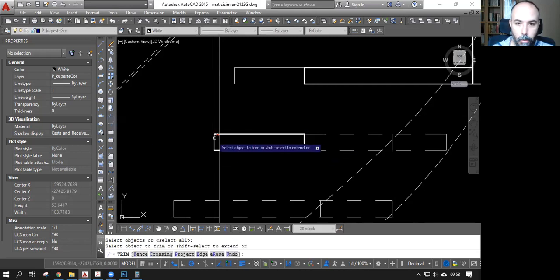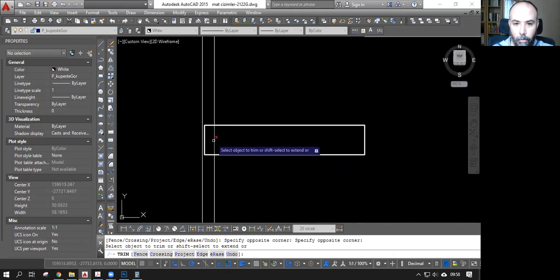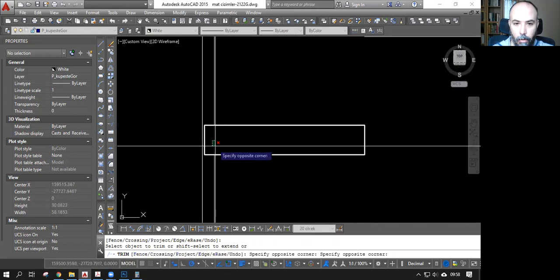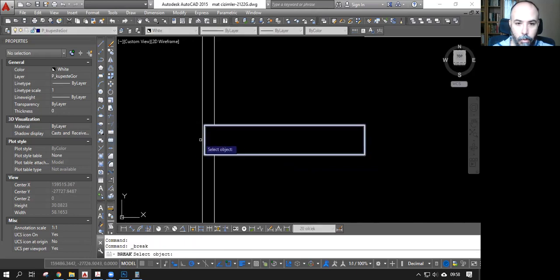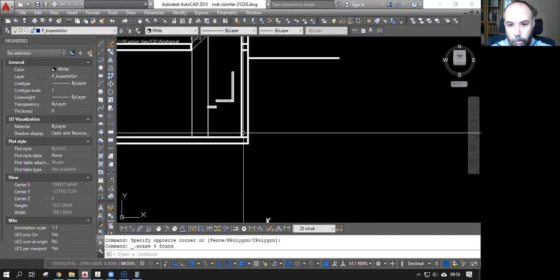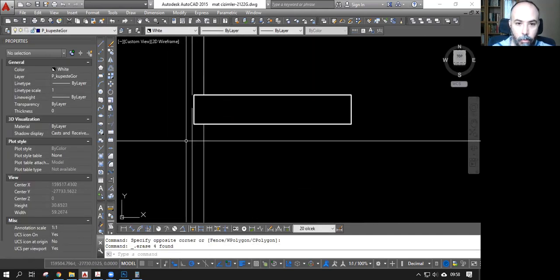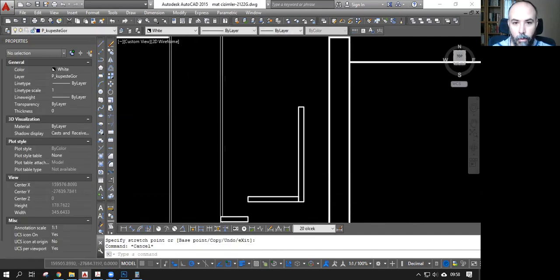So I'm going to cut it through here, and I will get rid of this part as well. And now I won't be able to see that part.